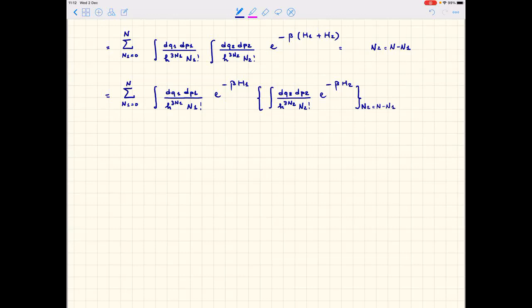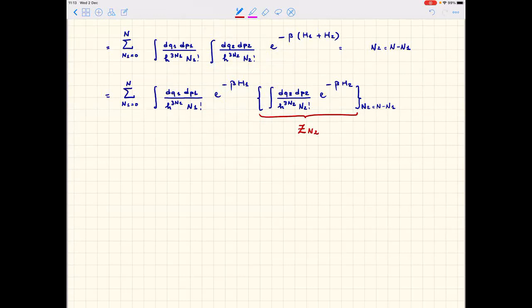So this expression here can be seen as the partition function of system 2 with N2 particles, right?